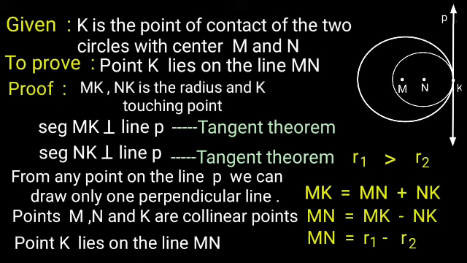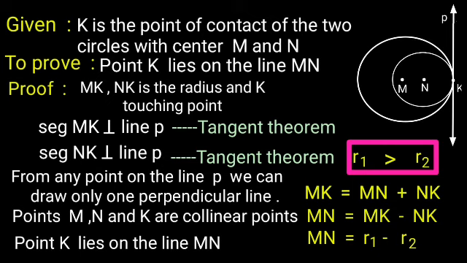But in this case, there are two lines at touching point K, that is MK and NK. So points M, N and K are collinear. Hence we can say that point K lies on the line MN.